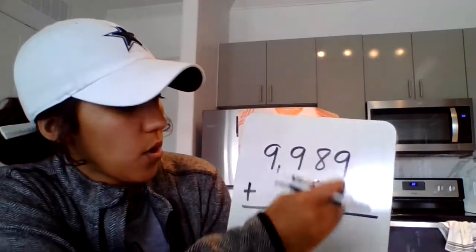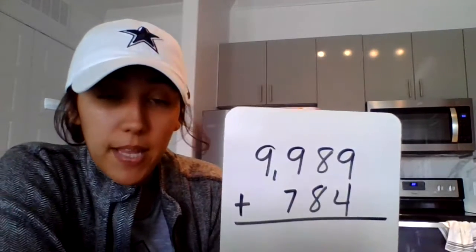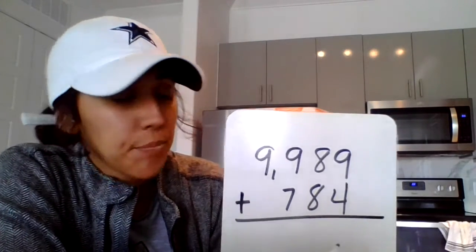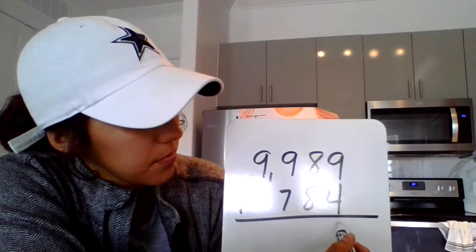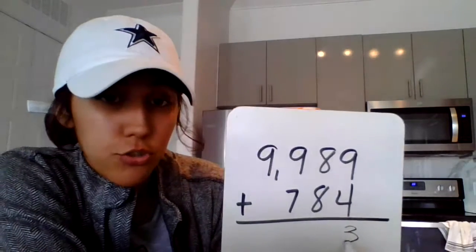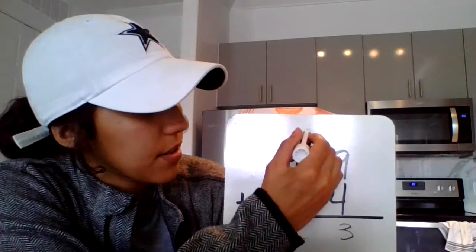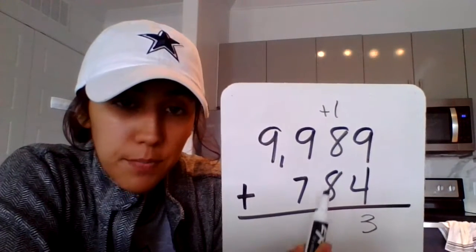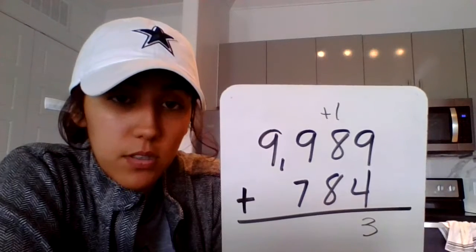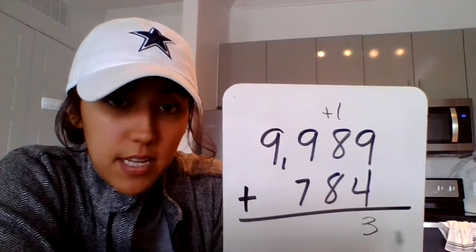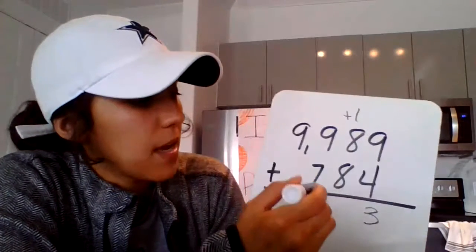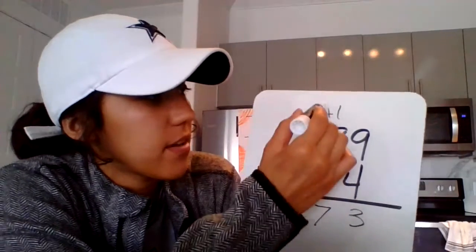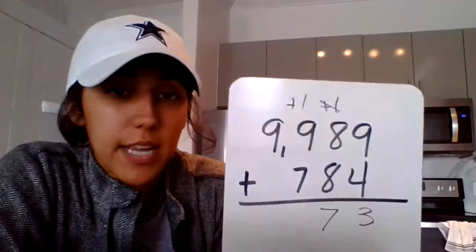And let's start in the ones place. 9 plus 4 equals 13. Drop the 3, carry the 1 onto the next place value. 8 plus 8 equals 16 plus 1, 17. Drop the 7, carry the 1 onto the next place value.